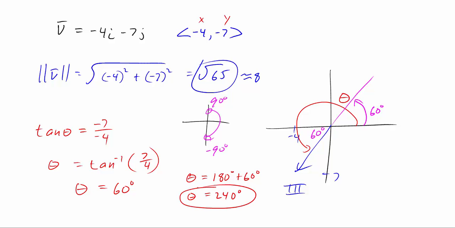So that would be the direction angle to go all the way around into the third quadrant. A lot of times when you take this inverse tangent, you need to make sure the angle you get is the correct one. Otherwise, you need to use that as your reference angle to locate the appropriate angle in the correct quadrant.